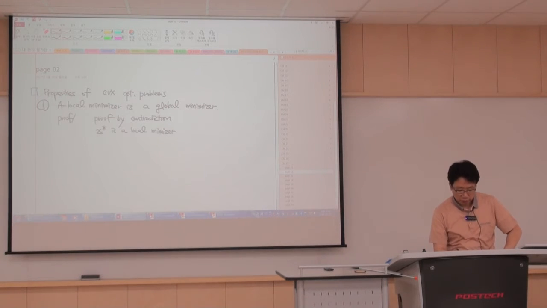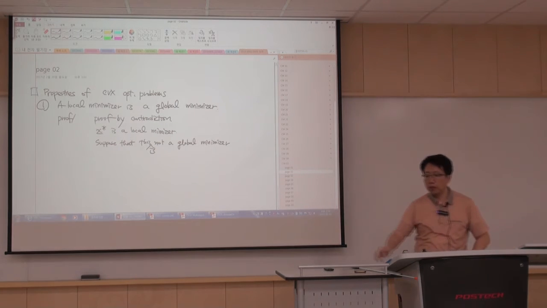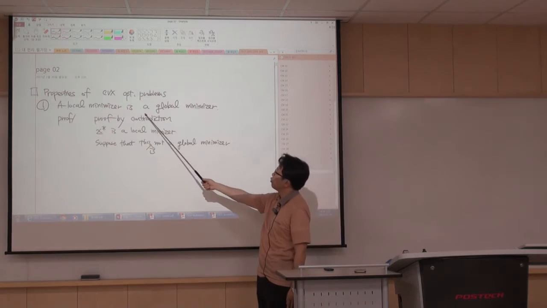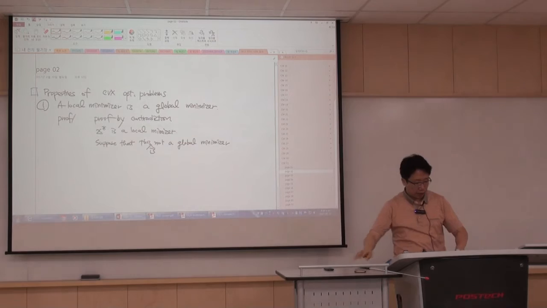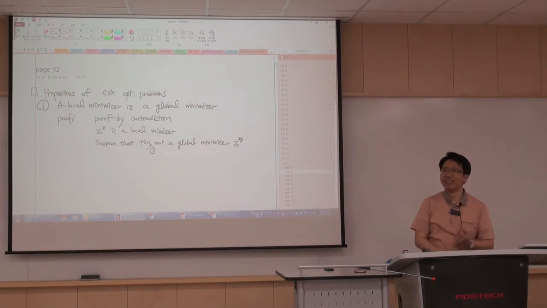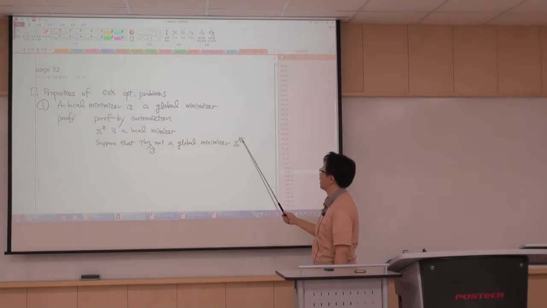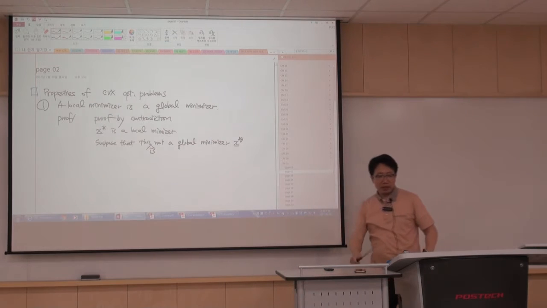Suppose that this is not a global minimizer. Because our theorem itself assumes the existence of a global minimizer, we may say that there is another star. They are both stars, but anyway, let me use this star and that star, okay? And what can you say?